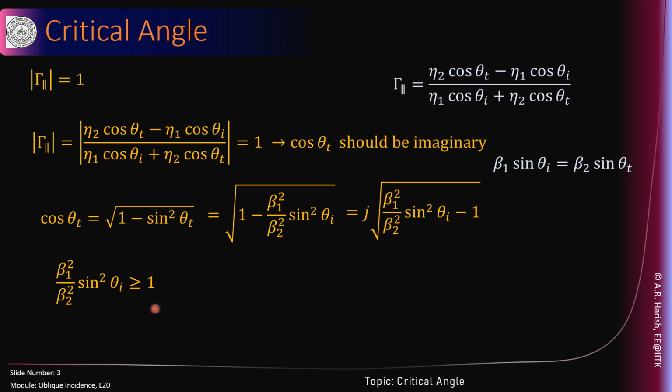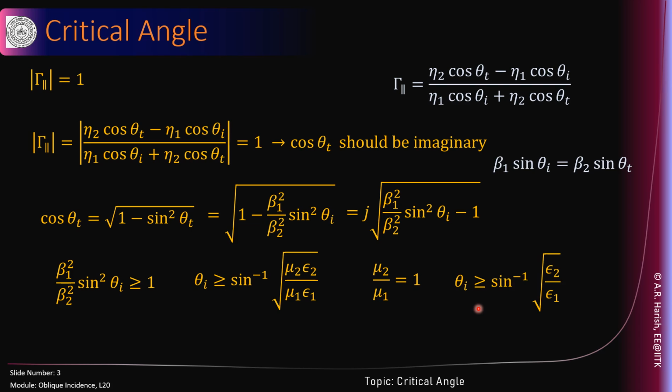If this condition is satisfied, then cos theta t is imaginary, and therefore the magnitude of gamma parallel will be equal to 1. So this can be rewritten as theta I must be equal to or greater than sine inverse of square root of mu 2 epsilon 2 upon mu 1 epsilon 1. If we choose the case mu 2 by mu 1 equal to 1, our favorite, then you get a condition for theta I, which is that it should be greater than or equal to sine inverse of square root of epsilon 2 upon epsilon 1.